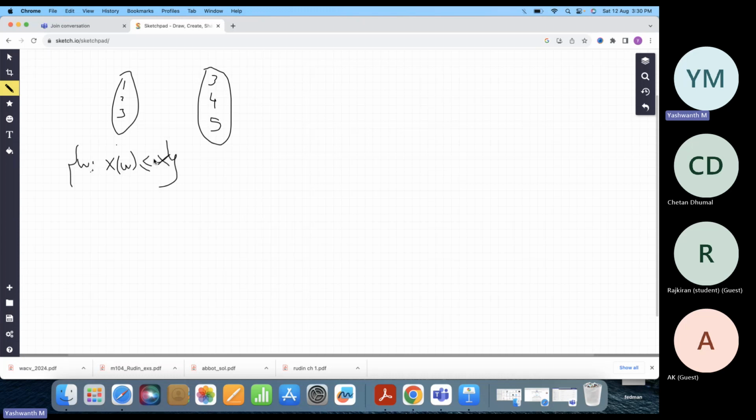Say let's put this as alpha, and alpha belongs to R, for all real numbers. If I choose alpha to be say 3.5, what is the omega? This set is 1.